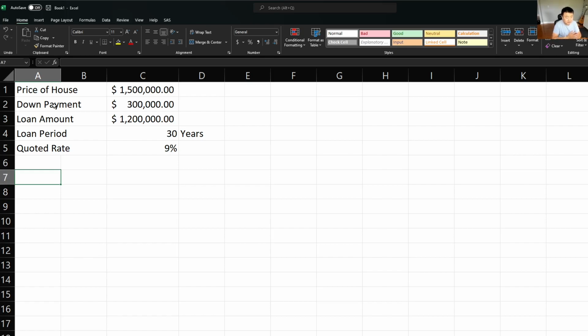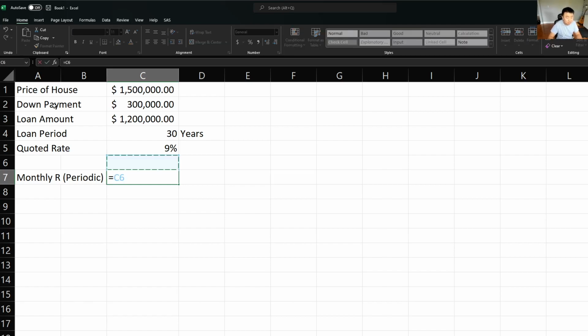So first is that we need to calculate the monthly rate, which is a periodic rate. So basically, for every period we're making a payment, we are going to be charged this amount of interest.